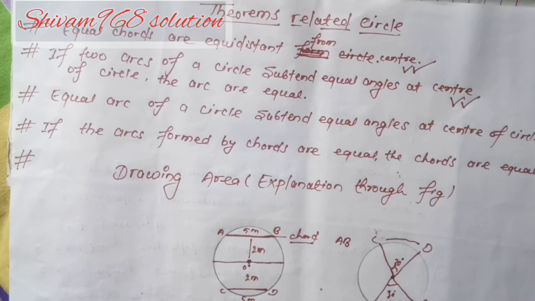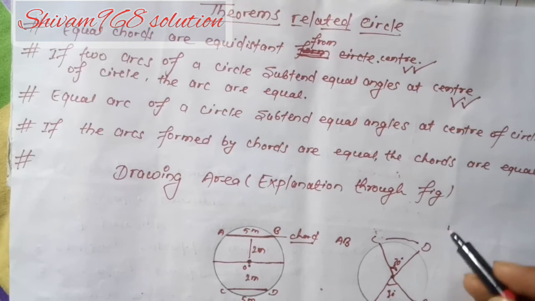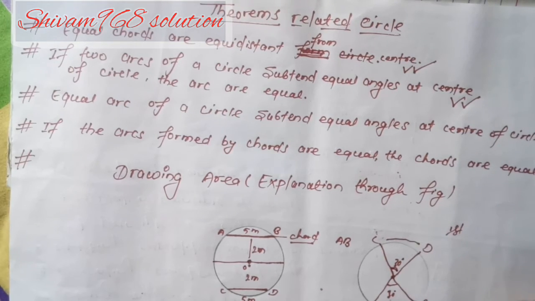The third one is: equal arcs of a circle subtend equal angles at the center of the circle. The same idea. In the first situation, if two arcs subtend equal angles, the arcs will be equal.